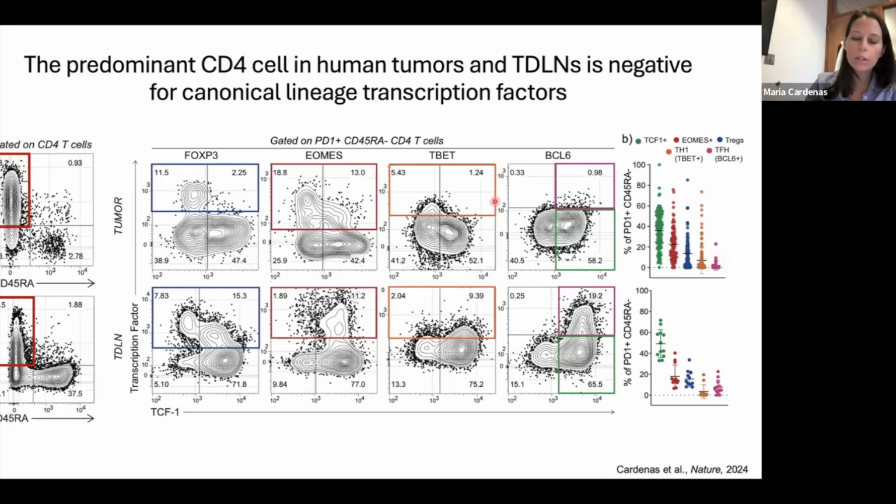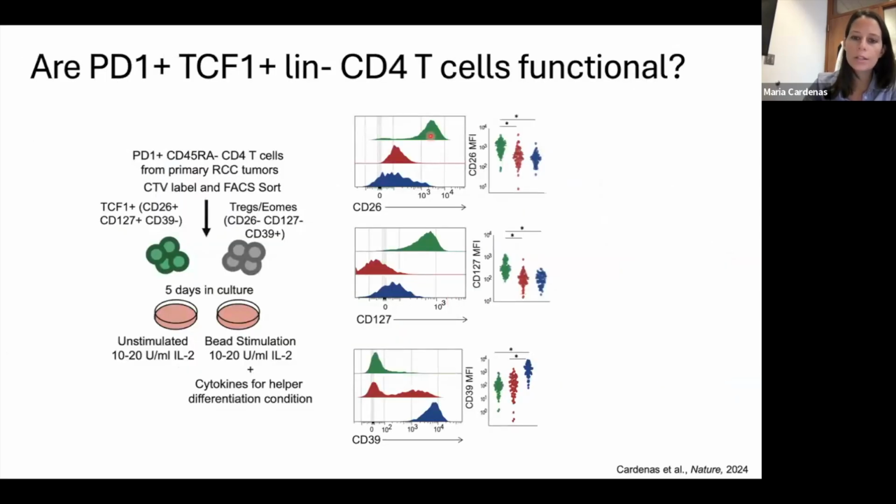And so we wanted to look a little bit further into the functional aspect of this population. And so we characterized a lot of different functional or surface markers that we could use to sort these cells out and actually address their functional capacity. And so we came up with 3 different markers that really define these cells. CD26, also known as DPP4, and the IL-7 receptor are very highly upregulated within this population, and then they're usually negative for CD39 or CD38.